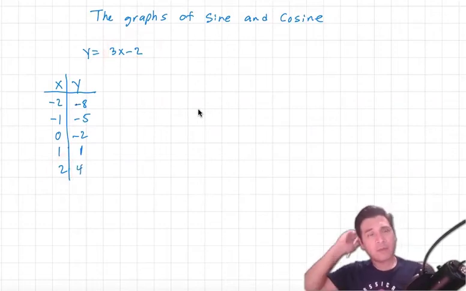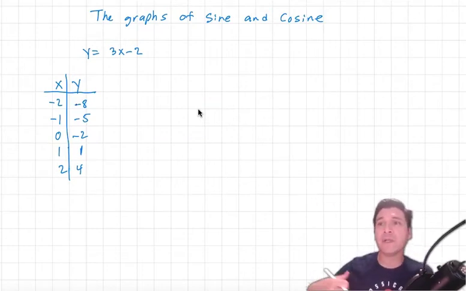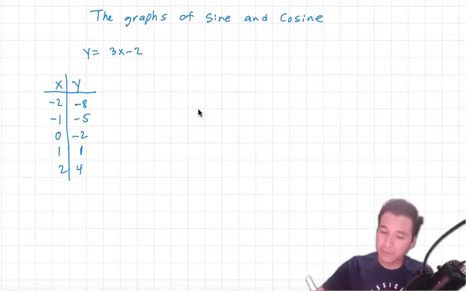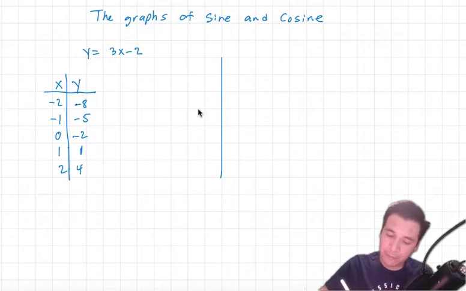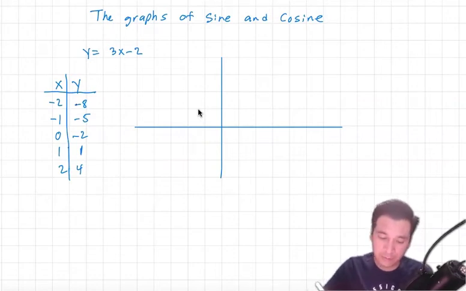So once we feel confident that we have enough points, we're going to go ahead and now make an x and y axis, also called the rectangular plane. We're going to label the axis.